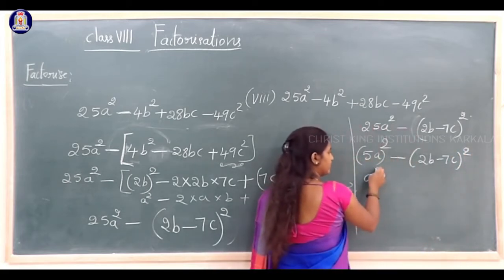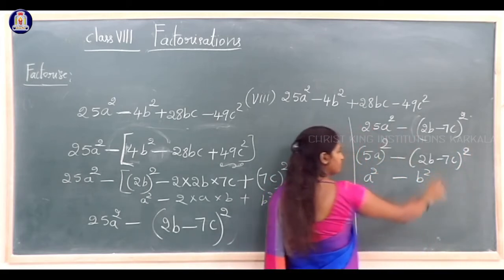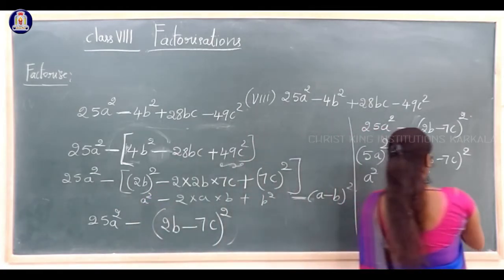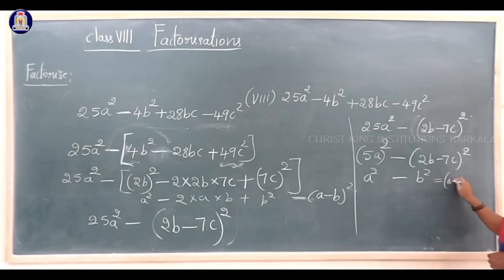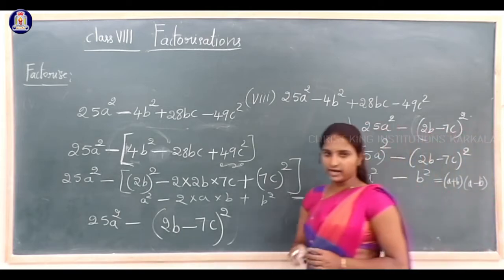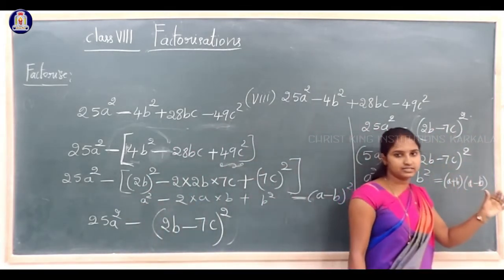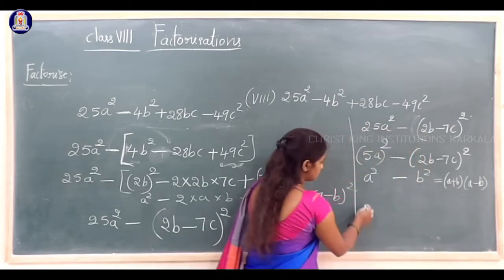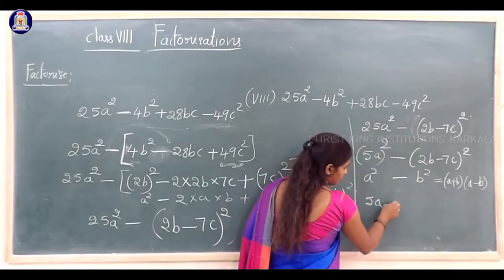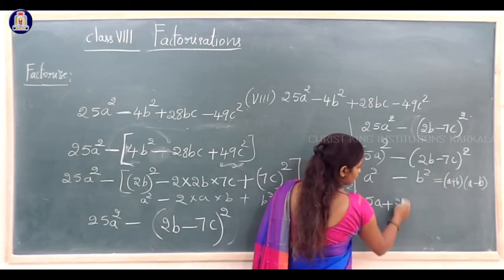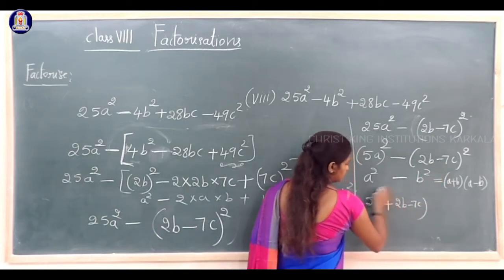So that is how we are using our third identity, a square minus b square, which is equal to a plus b into a minus b. So here a is 5a and b is 2b minus 7c. Clear? So a is 5a plus what is b? b is 2b minus 7c.